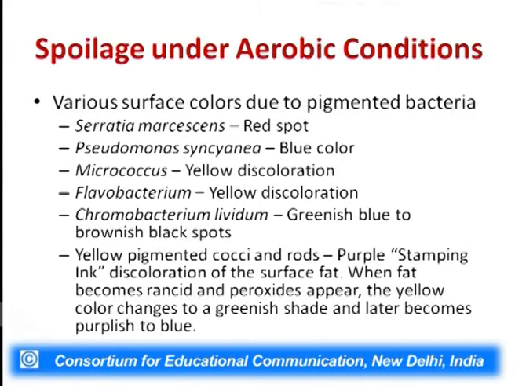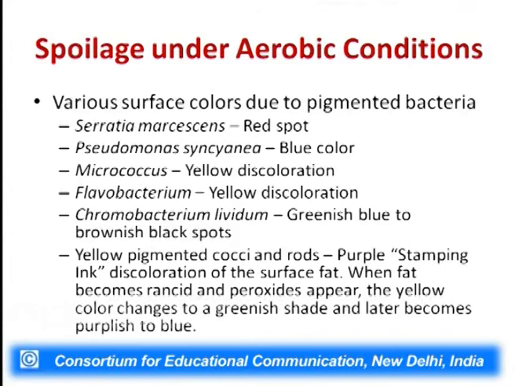Various surface colors are also caused due to the growth of pigmented bacteria. Pigmented bacteria, when they grow on the surface of meat, impart the color of their pigment to the surface and lead to spoilage.